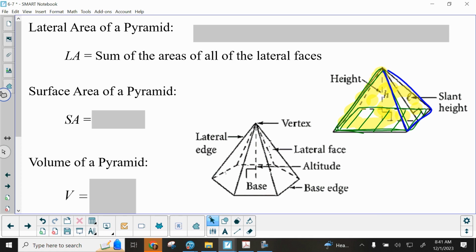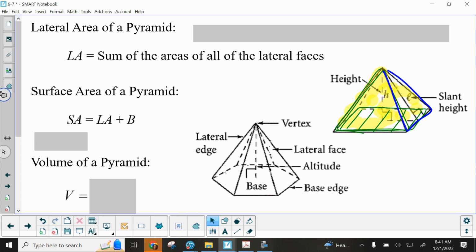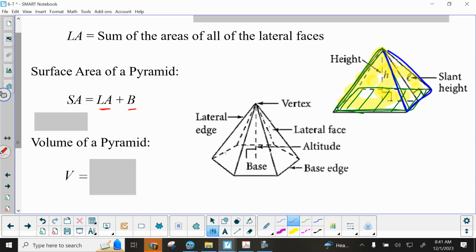The surface area of a pyramid is take that lateral area you just found and then add the area of the base. So in this picture down here, we have our base right here that we have to find the area of.